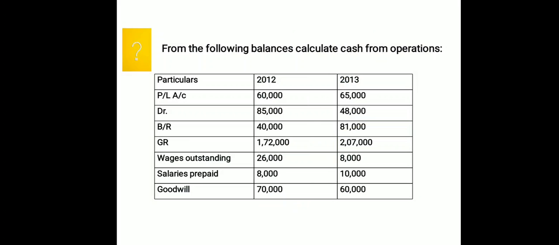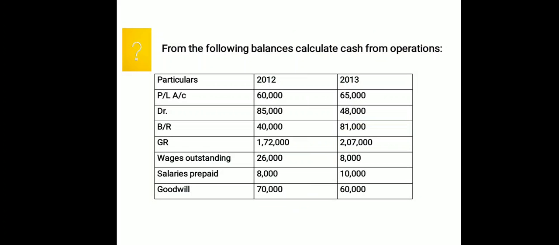Okay, so we need to add back non-cash and non-operating expenses, and we need to deduct non-cash and non-operating incomes or gains. And after the adjustment of non-cash and non-operating items with your profit, whatever we get, we are going to call it either net profit after adjustment of non-cash items, or we can call it operating profit before working capital changes.